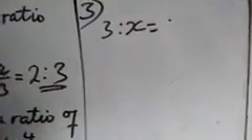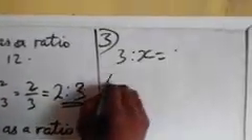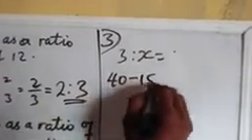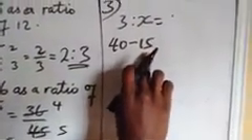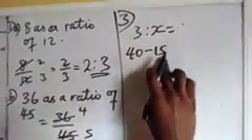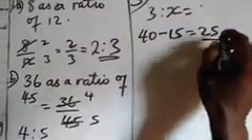The total we had is 40, as I said earlier. That will be 40 minus 15 first, because this is Paul's share. We want to know Peter's share. Paul's share is 15. 40 minus 15 will give us 25. That means Peter had 25.